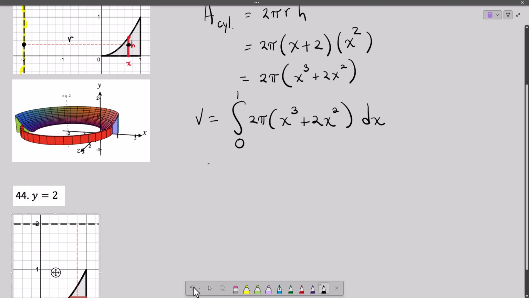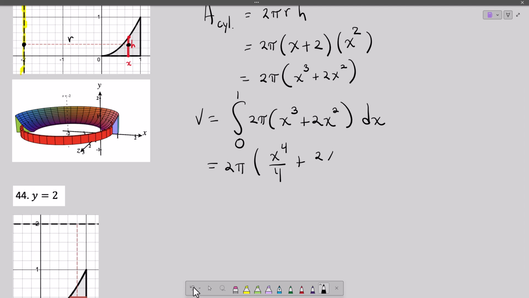And then pretty easy definite integral here, because we just do the power rule. Add 1. No trig functions. So we get that. And we'll get 2 pi multiplied by 1/4 plus 2/3 minus 0.